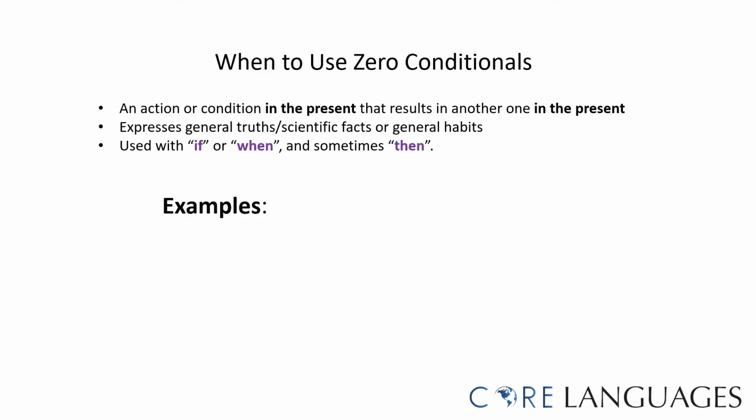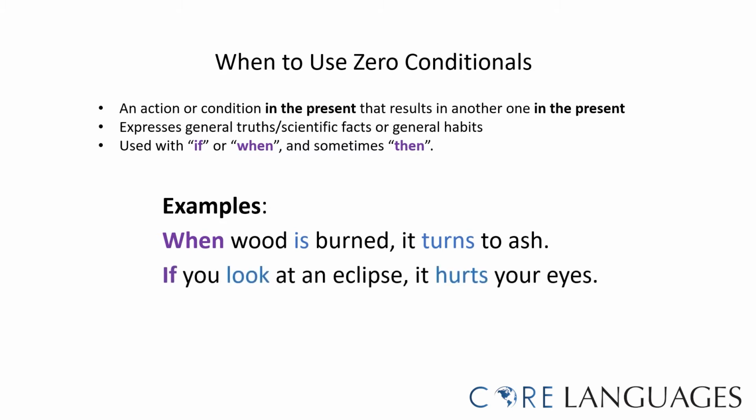For example, when ice is heated, it melts. Is and melts are both in the simple present tense, and I could also say, when ice is heated, then it melts. Another example would be, if you go outside in the rain, you get wet.